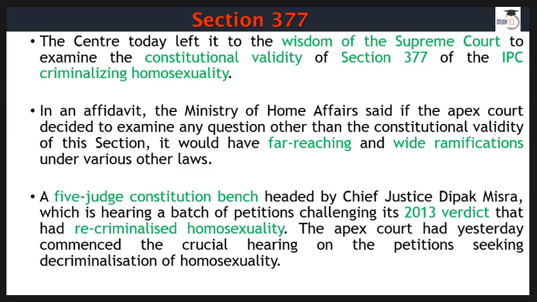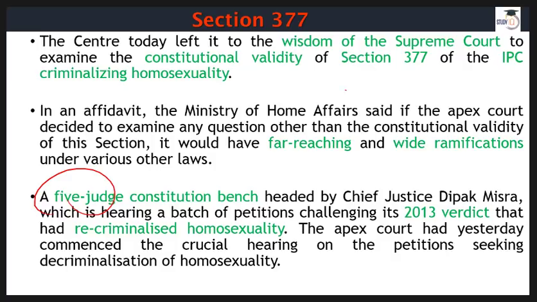Moving on to another item, section 377. This is the last item in today's discussion, dear friends. The central government, or government of India, has left it to the wisdom of Supreme Court, and we all know that Supreme Court, particularly this constitutional bench of 5 judges, will come out with a proper, balanced solution for everyone in our country.